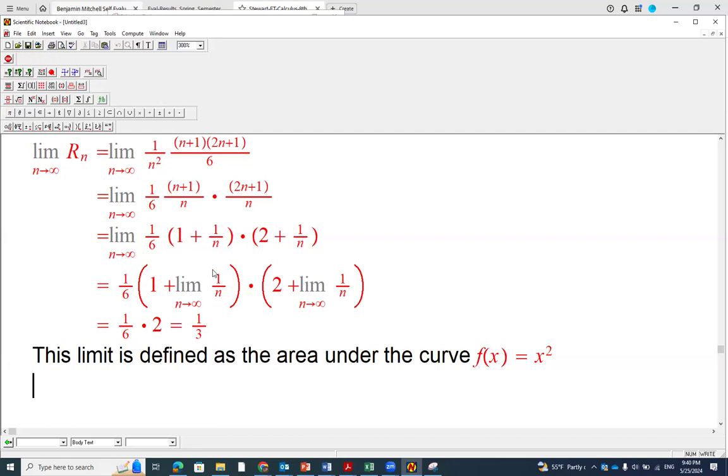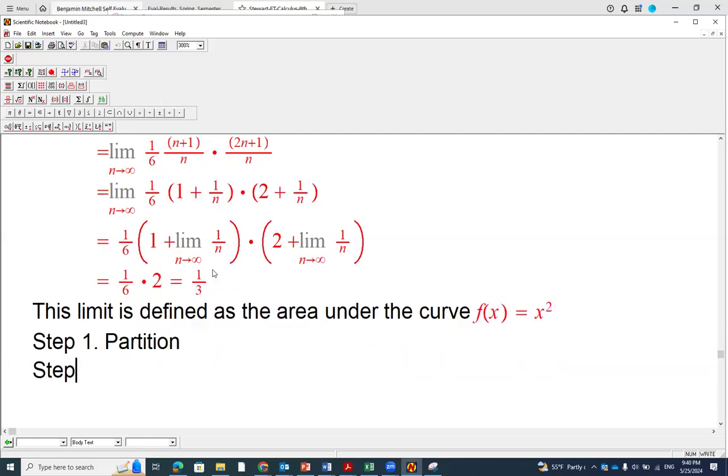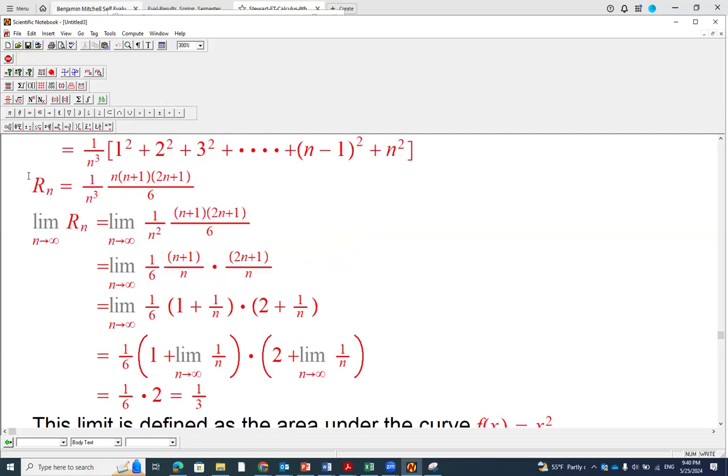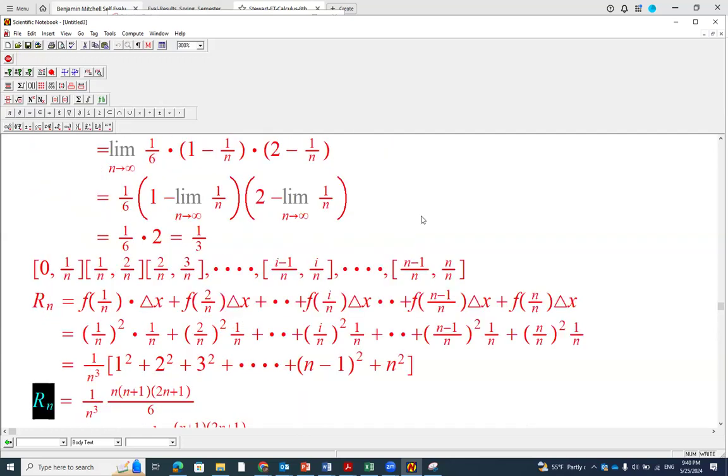Step 1 is a partition. Step 2: the sum we've constructed is called a Riemann sum.